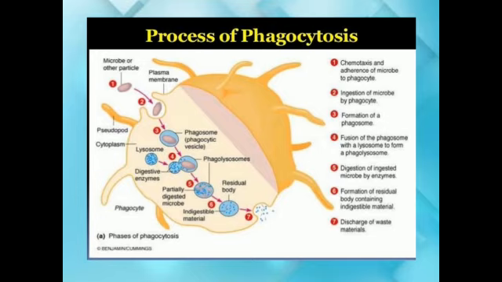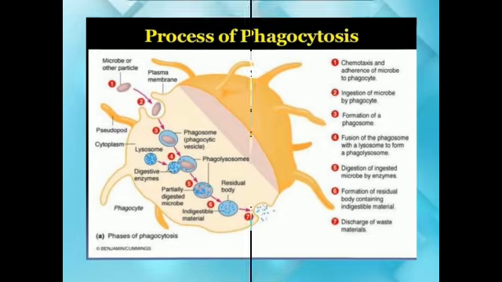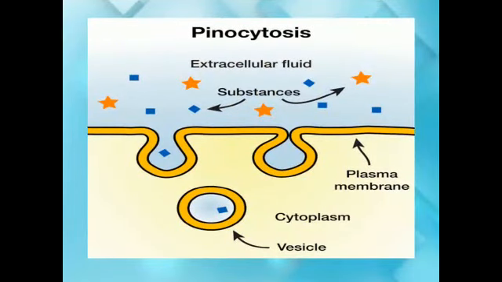It is also called cell-eating process. Moving on to pinocytosis. When liquid material in bulk in the form of vesicle is taken in by endocytosis, the process is called pinocytosis, which is also called cell drinking process.